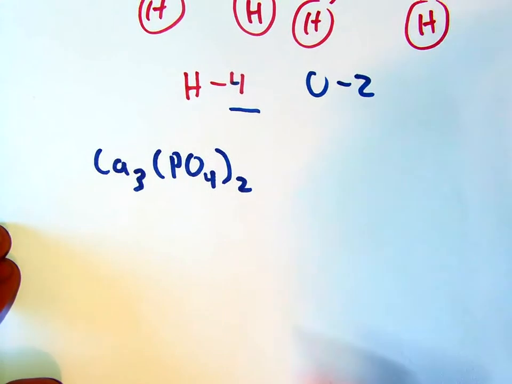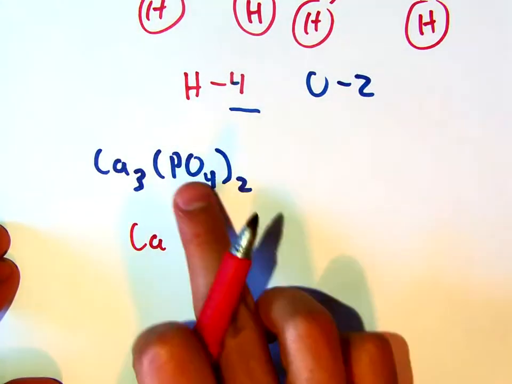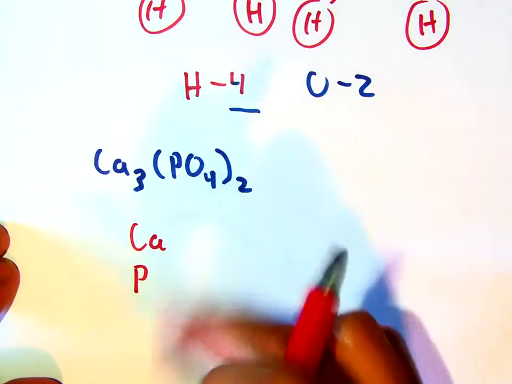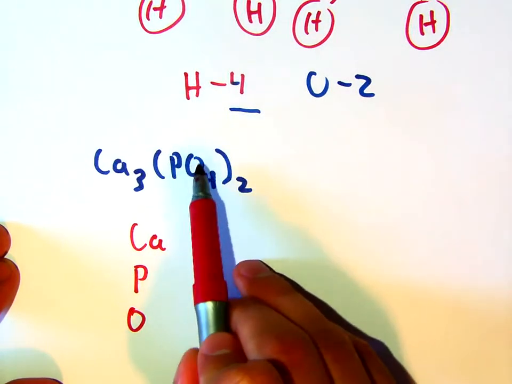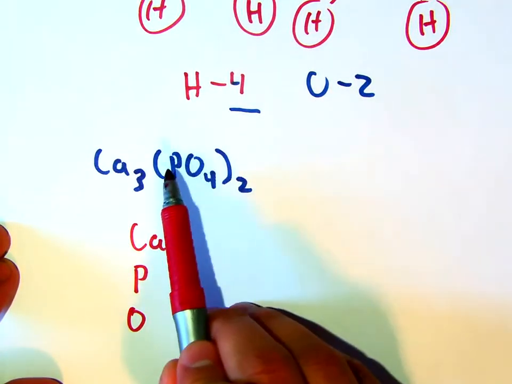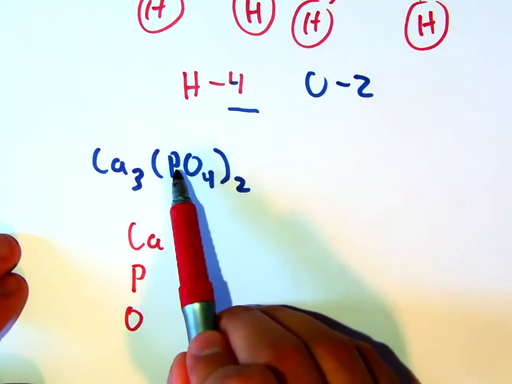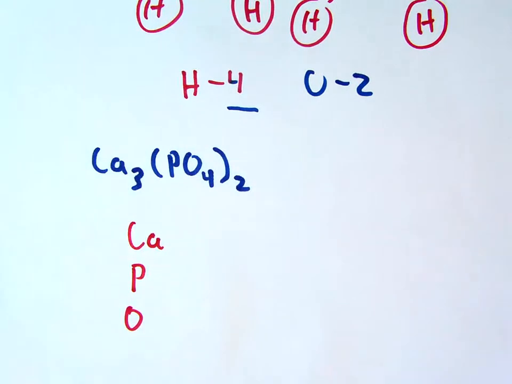In this case, we have calcium, phosphorus, and oxygen. How do I know this isn't a PO, together? Well, if they're capitalized, then they are separate elements. If this had been a big P, little o, then it would have been polonium, and it would have been together. So when they are capitalized, they are separate, different elements.